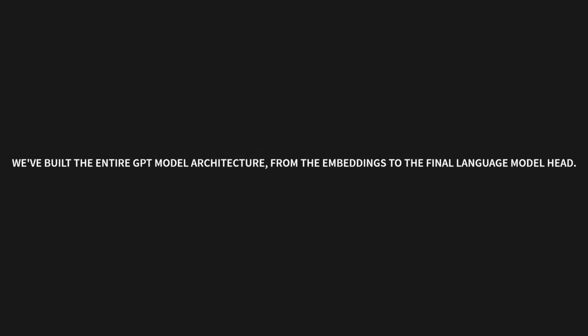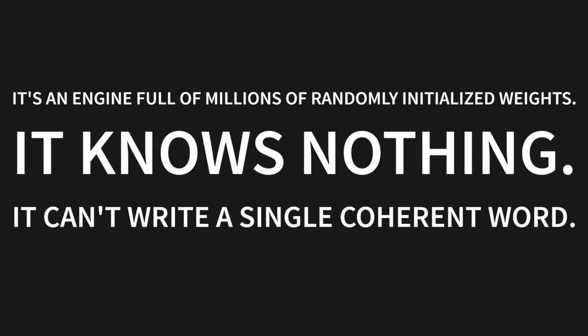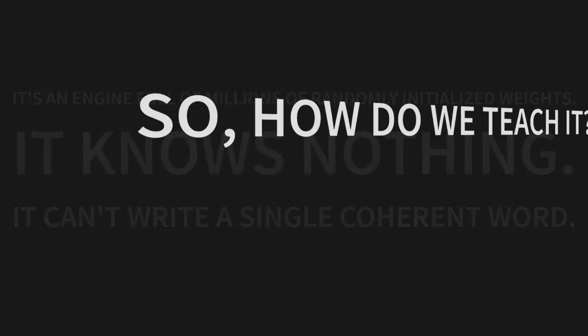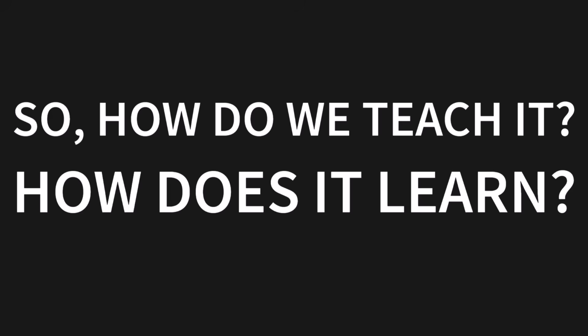We've built the entire GPT model architecture, from the embeddings all the way to the final language model head. We have a fully assembled machine. But right now, it's an engine full of millions of randomly initialized weights. It can't write a single coherent word. So, how do we teach it?